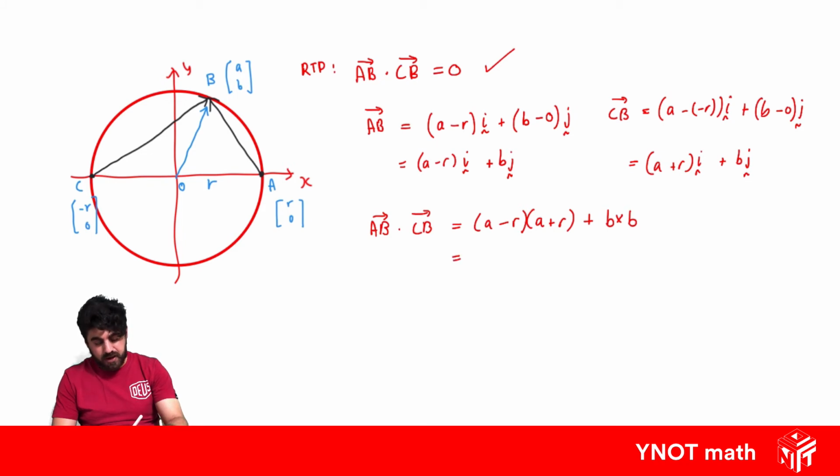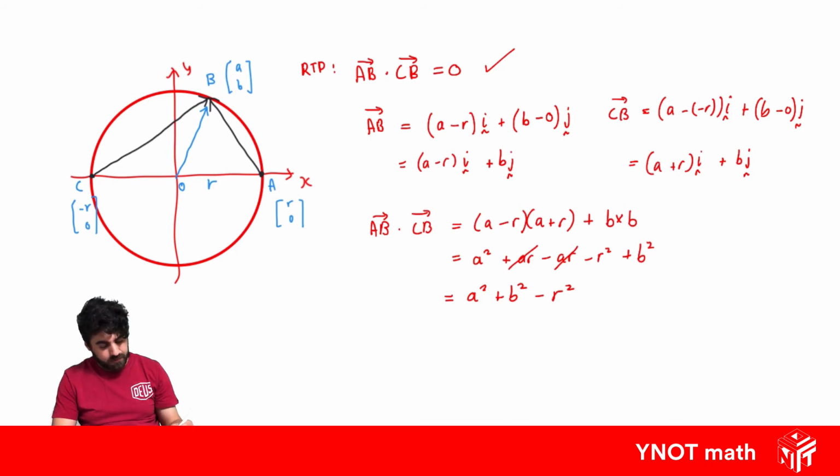We expand these brackets, so we're going to get a squared plus aR minus aR minus R squared plus b squared. The aR and the aR will cancel out, so we get a squared plus b squared minus R squared. So we're close.